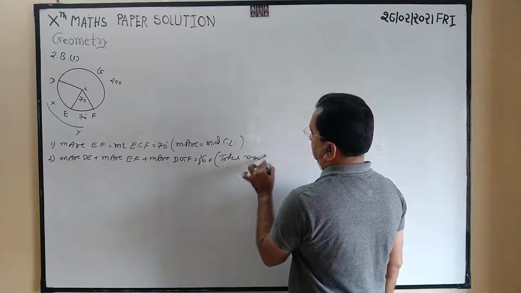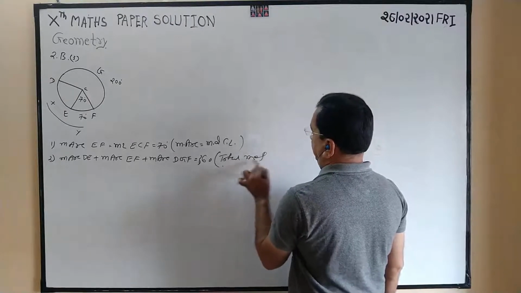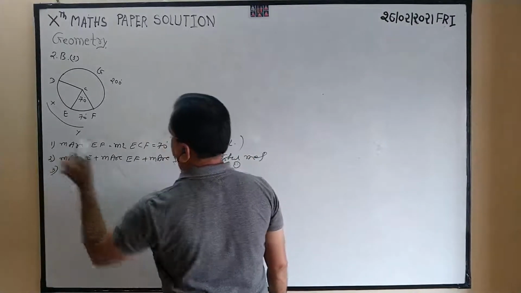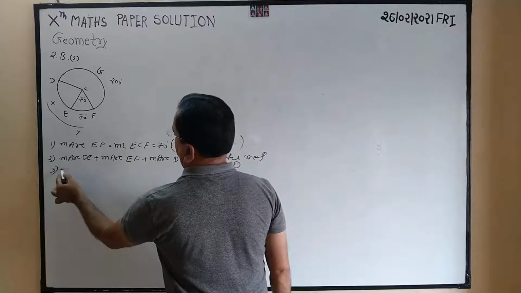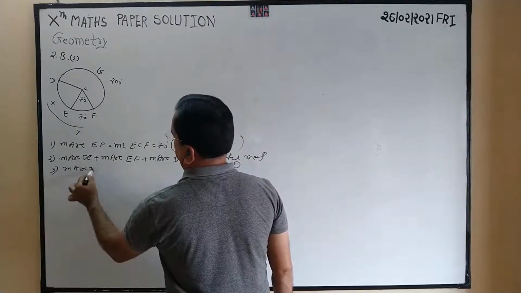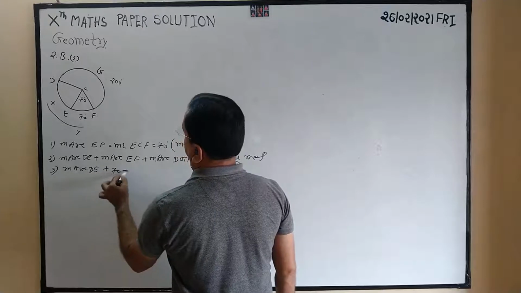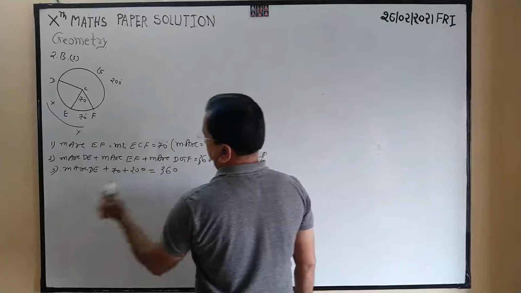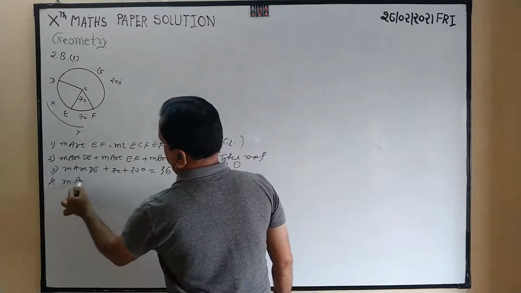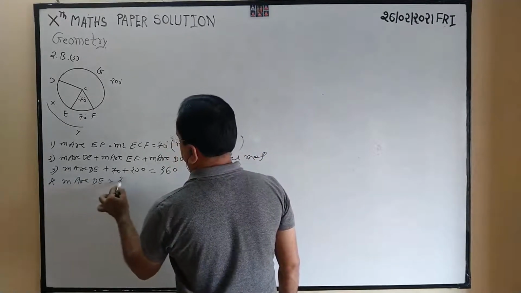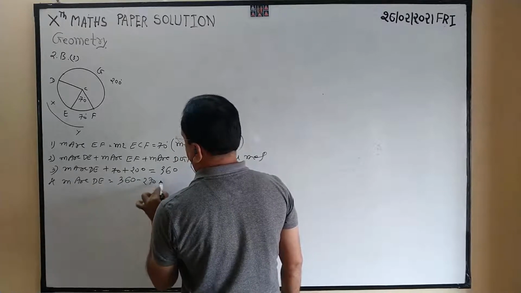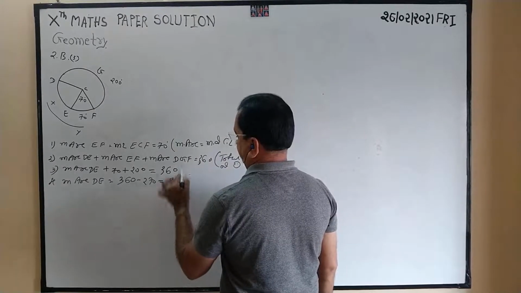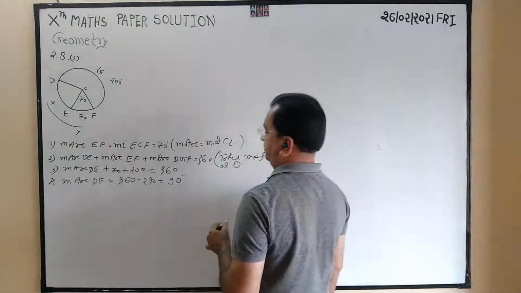Total measurement of circle, angular part. So this we don't know. This is 70, this is 200 is equal to 360. So major arc DE is equal to 360 minus 270. It is 90.